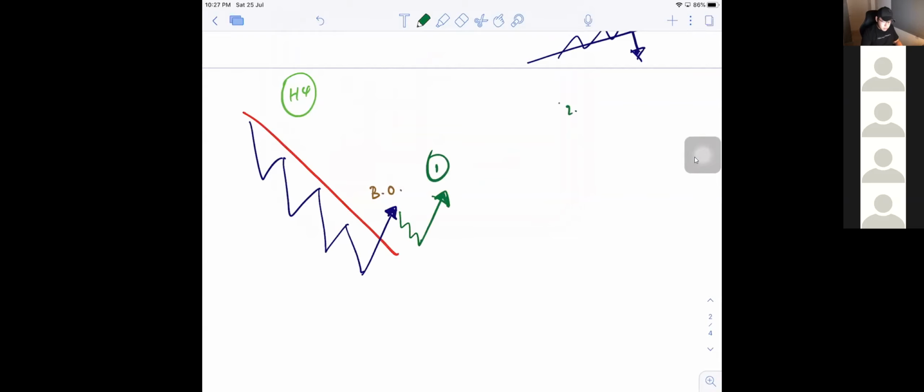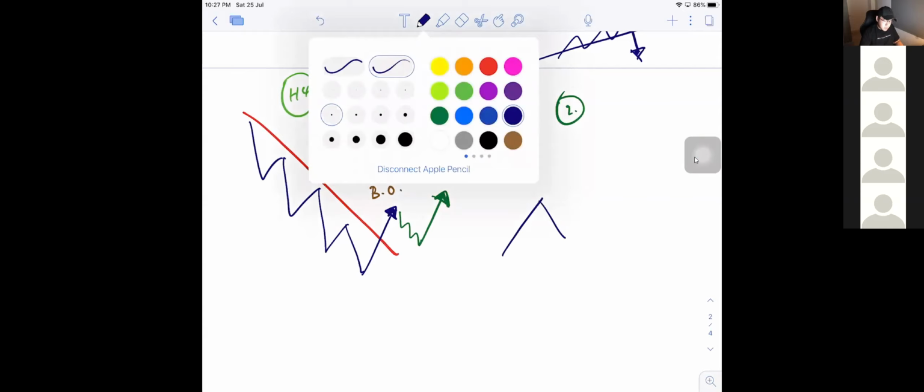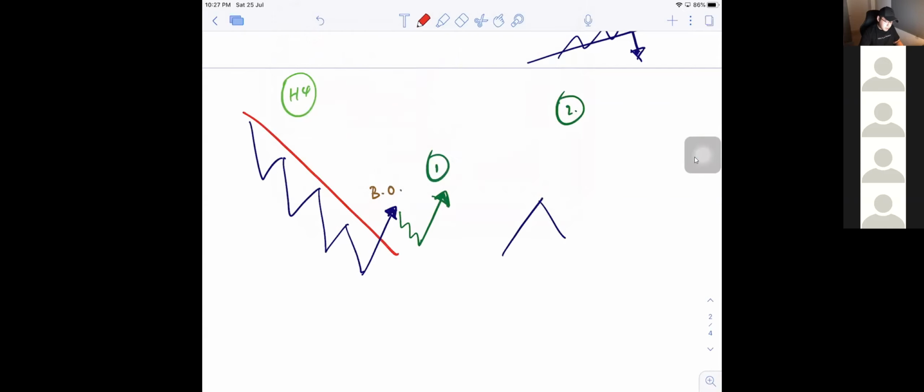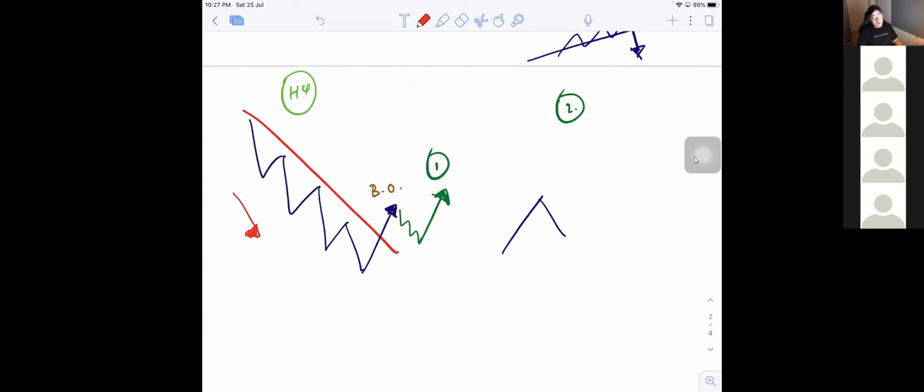Option 2 is that after the breakout, we want market to give us more confirmation. Because this is a downtrend, and after market break the trend line, we are going to say that a market is likely to become an uptrend, turn into an uptrend.